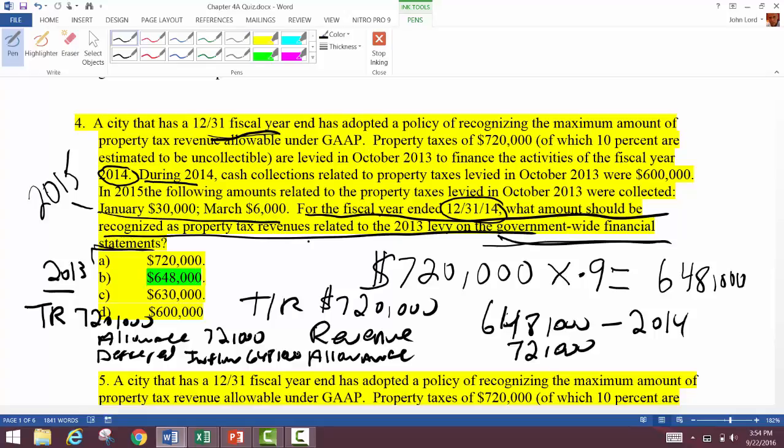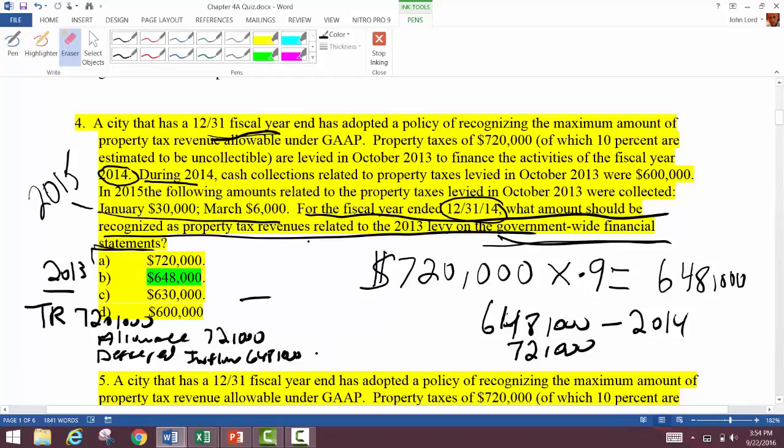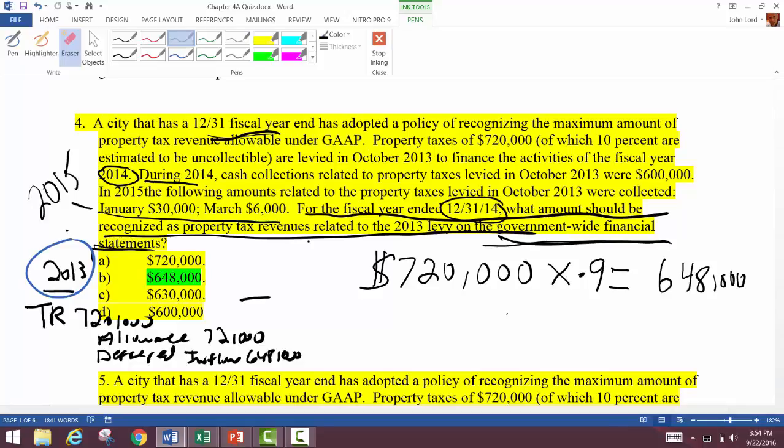Now in 2014, when we actually go ahead, let me erase this one because I did this journal entry assuming that we were mailing the tax bills out in the same year we were going to collect them. No, 2013. We do this when we mail out the tax bills. In 2014, what we should do is what? Can use begin now?